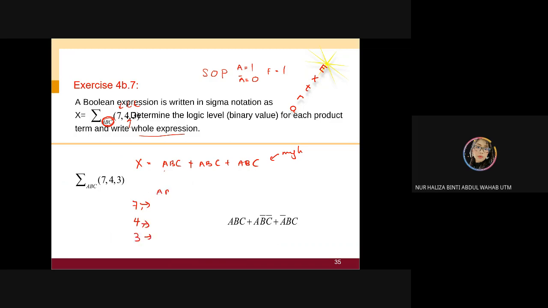7, you have A, B, C. 7, you will get 1, 1, 1. 4, you will get 1, 0, 0. 3, you will get 0, 1, 1.